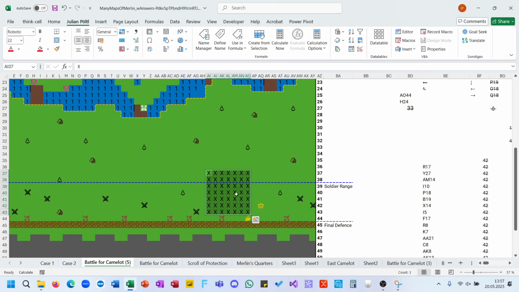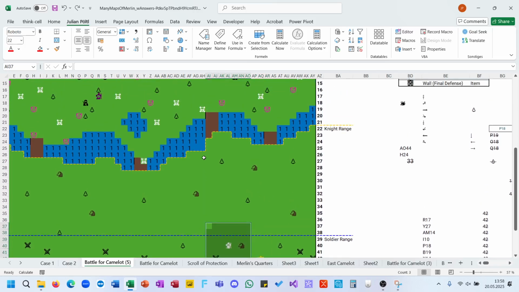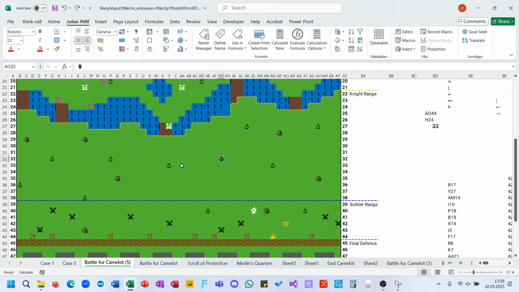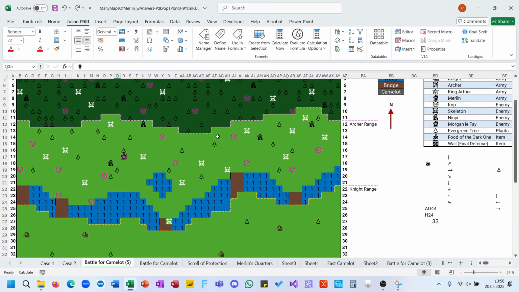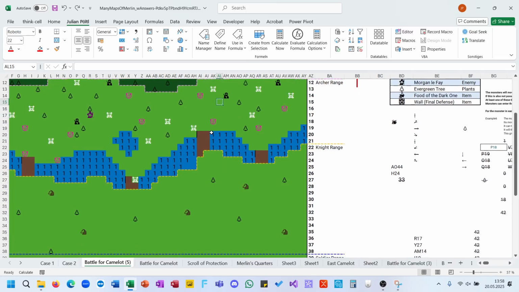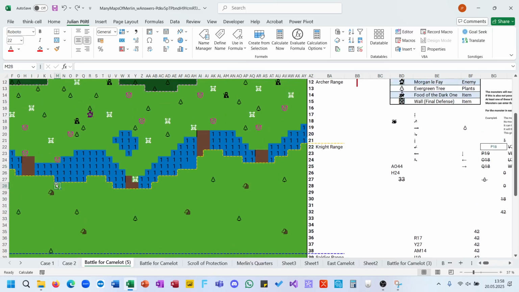X. Oh no, this doesn't make sense. Only if they are at N. But there is no army on this side. I say they're too far away to make any sense.